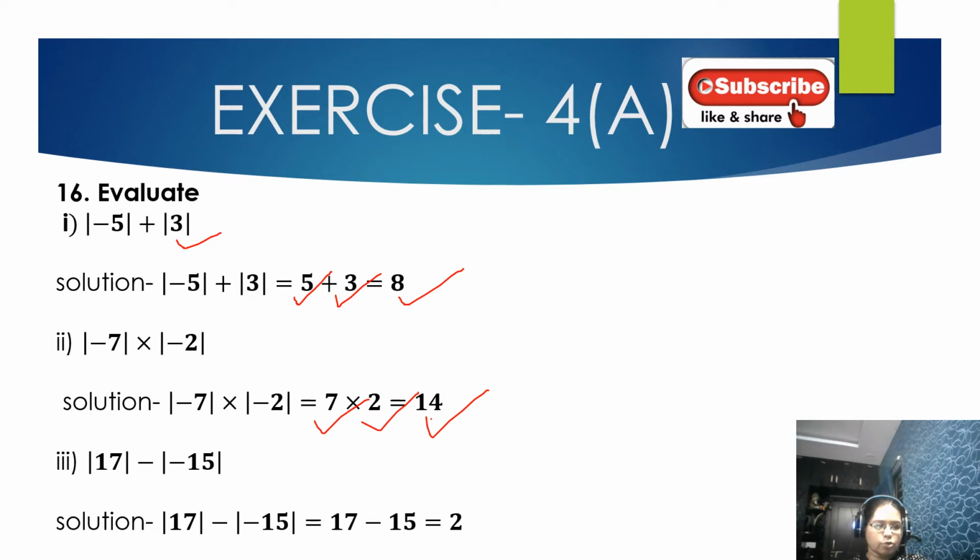Now third bit, absolute value of 17 minus absolute value of minus 15. Absolute value of 17 is 17 and absolute value of minus 15 is positive 15. So 17 minus 15 is 2.